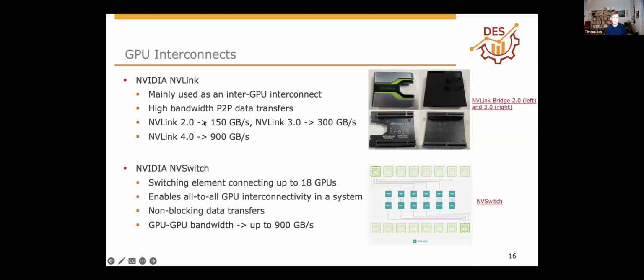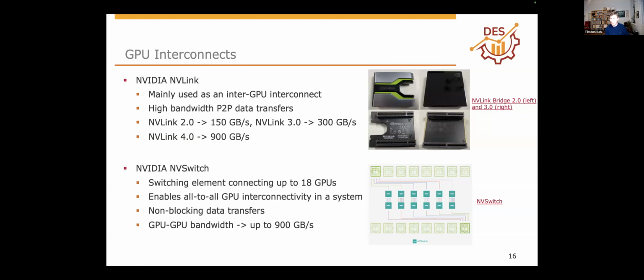With NVLink 2.0, we already would have up to 250 gigabytes per second. 3.0, 300 gigabytes per second, and now we're at 4.0, which has 900 gigabytes per second. So there we're all of a sudden in the range or even above the range of what CPU memory bandwidth we can get.